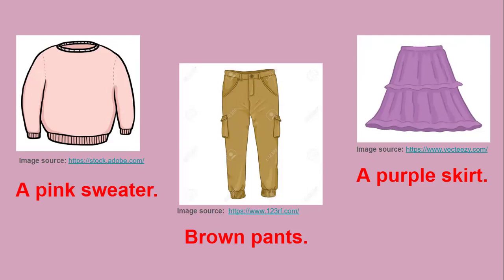First, start with the color, and then you say the name of the clothes or the name of the clothing item. In that way, we can describe the color of that clothing item or the colors of those clothes.